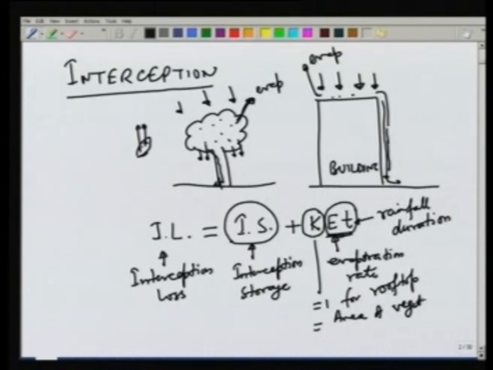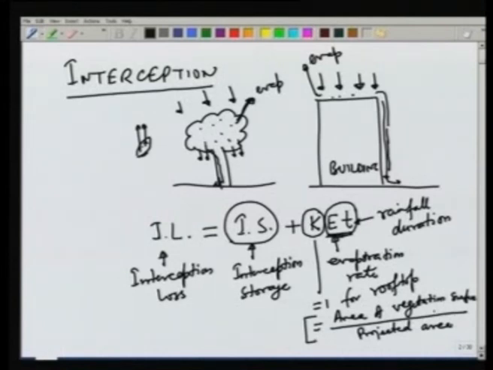I will call it vegetation surface divided by the projected area, which will be the horizontal area. This will be greater than 1.